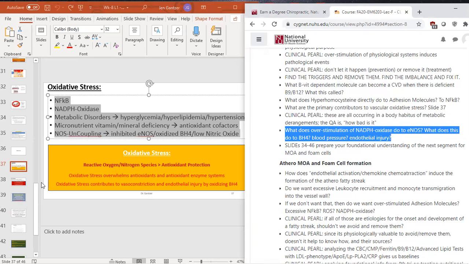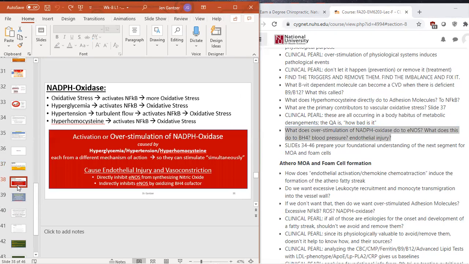So what does overstimulation of the NADPH oxidase do? So let's take a look at NADPH as we get ready to talk about the foam cell. NADPH oxidase is going to be participating in a redox reaction where NADPH is going to give away its hydrogen. However, in a system where it's in excess, it will create different free radicals.